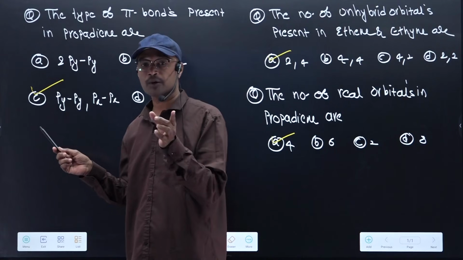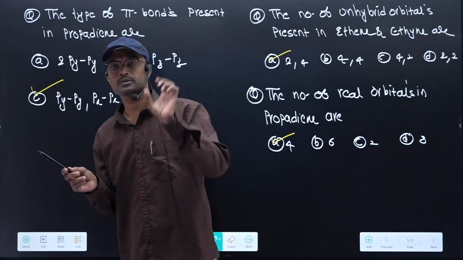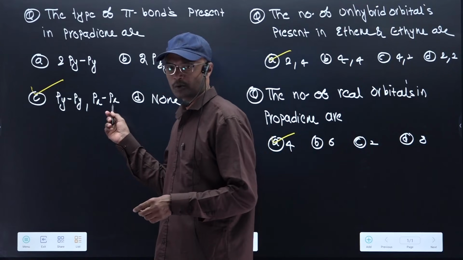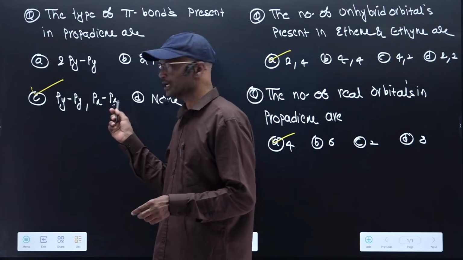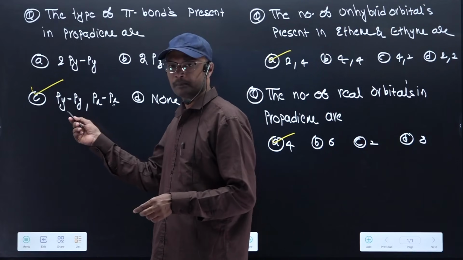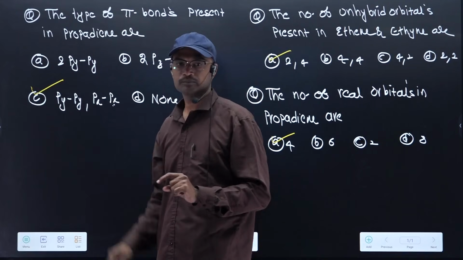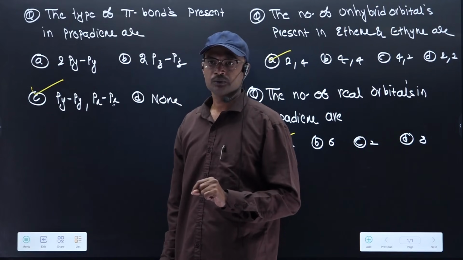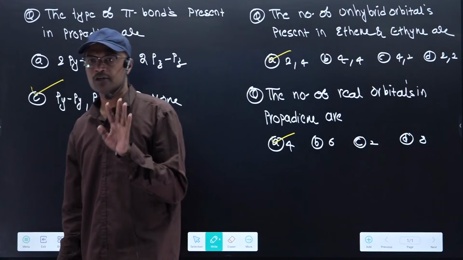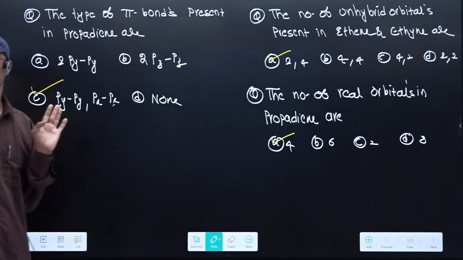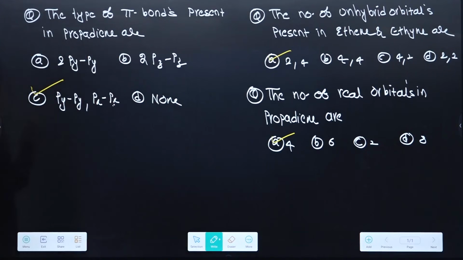It depends upon which orbitals initially form the sigma bond. If pz forms the sigma bond, the other two become pi bonds. Don't think that px overlap is always sigma and py overlap is always pi. That is wrong. Clear?